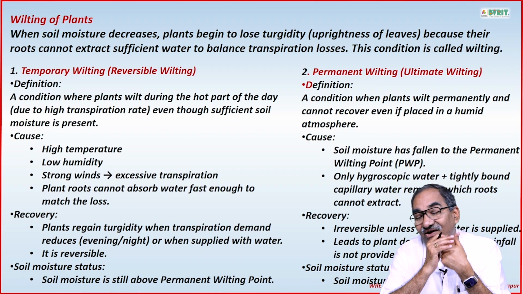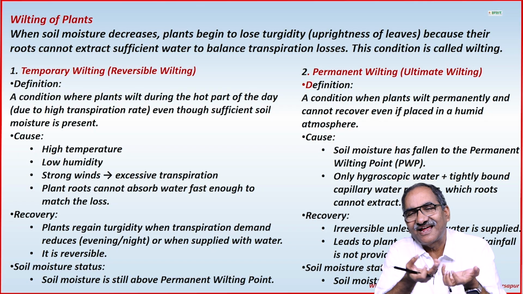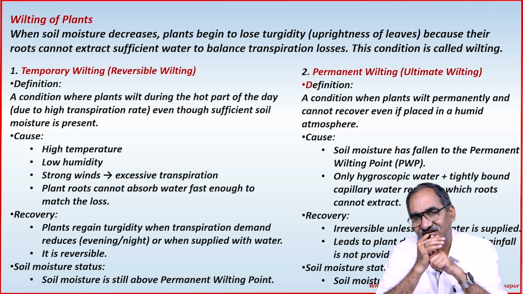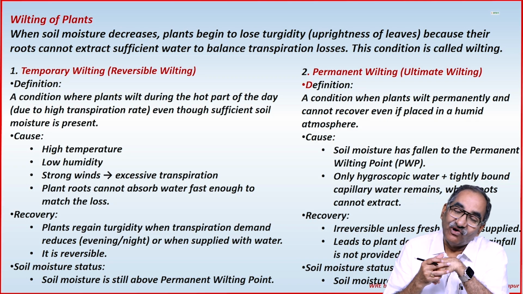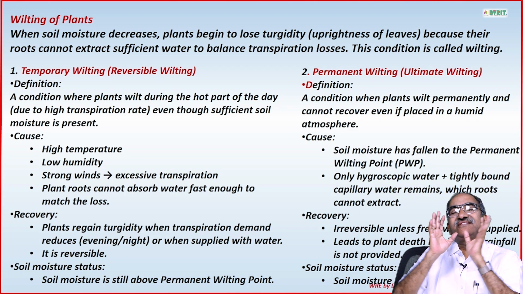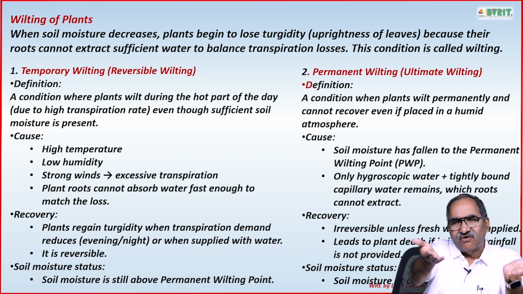What is the reason for that wilting? The plant roots are not able to extract water from the soil. That is the basic thing. This condition is called wilting. What do you mean by temporary wilting? Take any sunny day, and any plants you see outside your house.